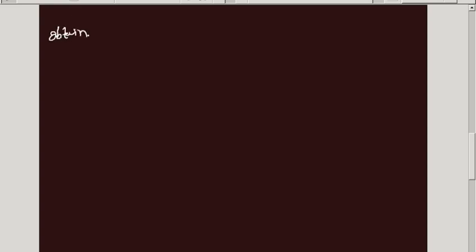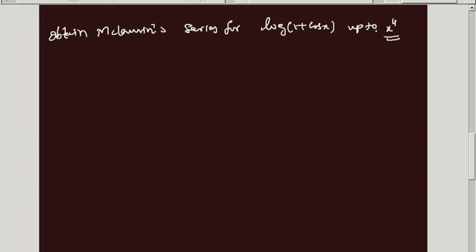Obtain Maclaurin series for log of 1 plus cos x up to x power 4, the term containing x power 4.